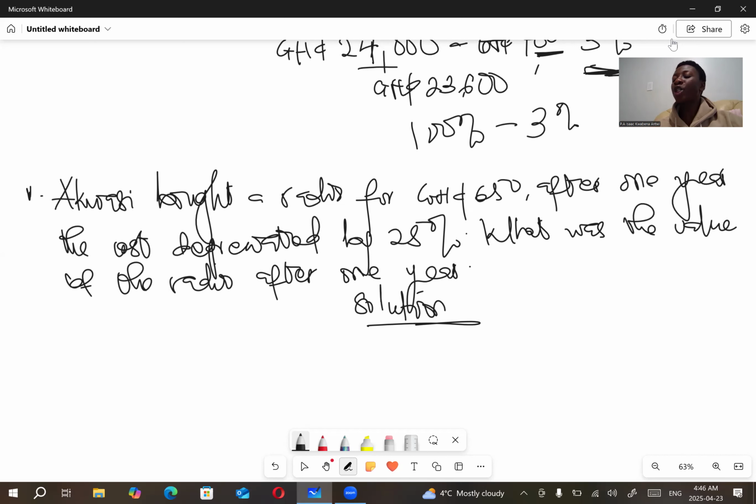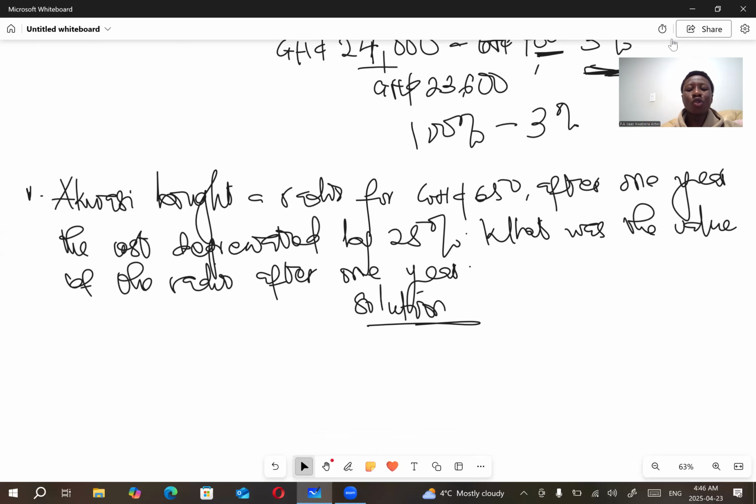As per this narration, what was the actual cost of the radio? Justice, what was the actual cost of the radio? 650 Ghana cedis. Okay, right. So good. You guys should pay attention.